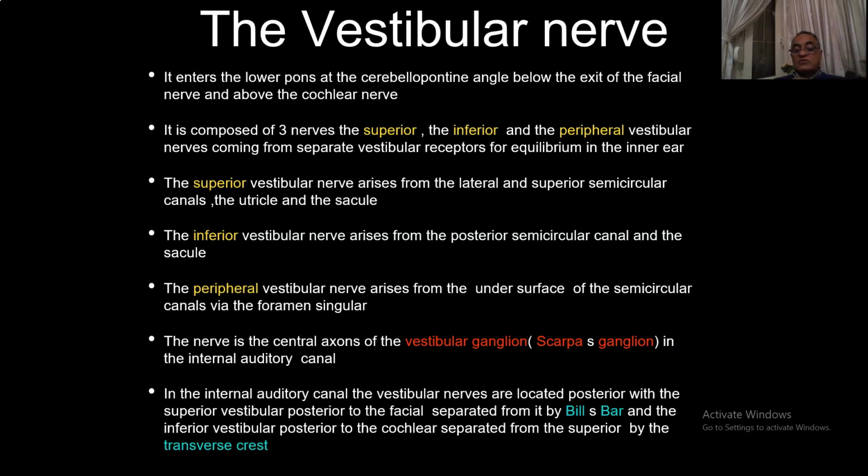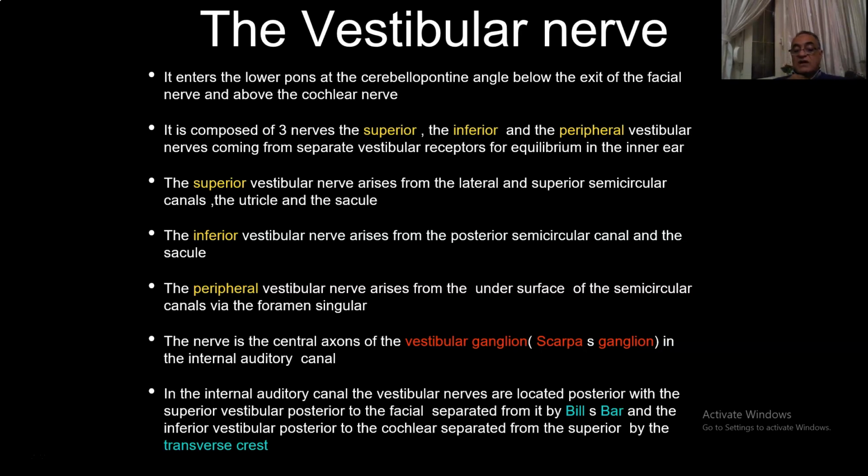So, superior vestibular nerve and the inferior vestibular nerve arise from the saccule. They have in common that impulses pass from the saccule through the superior vestibular and also to the inferior vestibular nerve. The peripheral vestibular nerve is a small nerve of less importance.